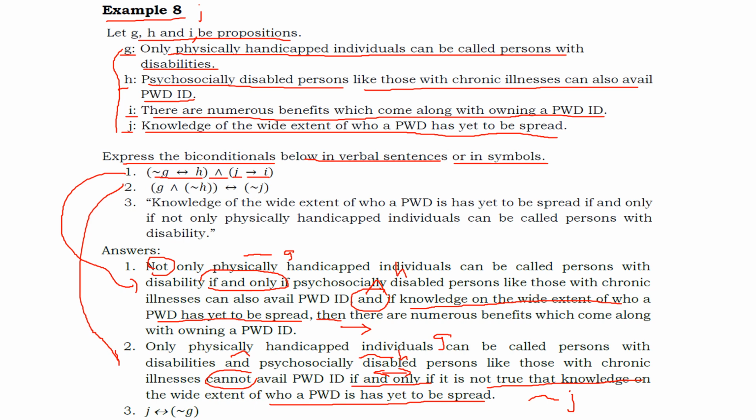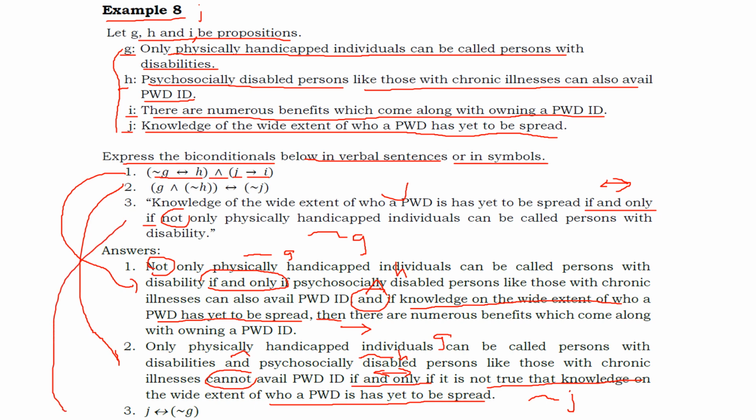For number 3, knowledge of the wide extent of who a PWD is has yet to be spread. This will be your J. Your "if and only if" there is your biconditional. So your "not" here will represent your negation G, because we just simply get the negation of your proposition G there.